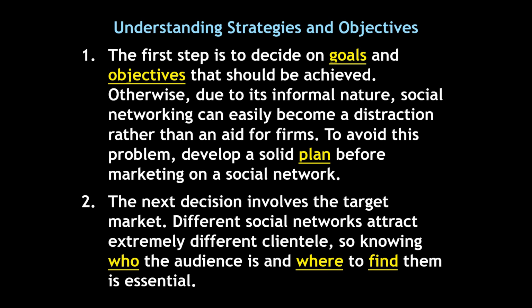The next decision involves the target market. Different social networks attract extremely different clientele. So knowing who the audience is and where to find them is essential. So going out looking for your target audience, meeting them where they are at.